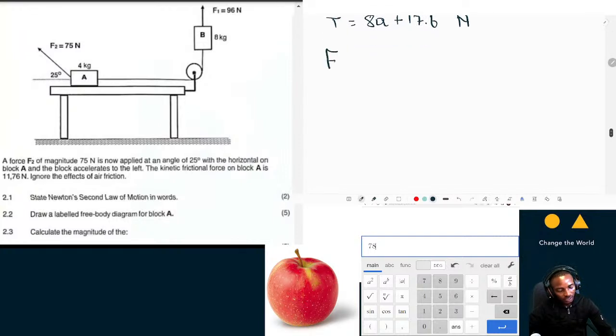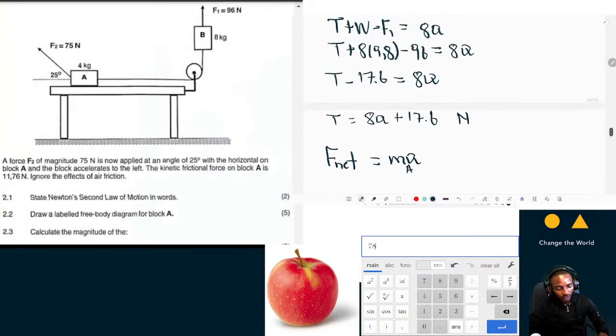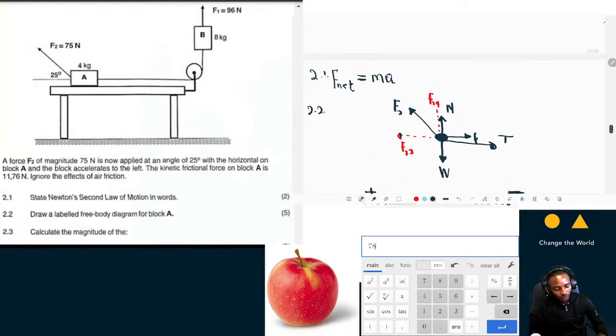Now applying Newton's second law again, F net is equal to ma. What are the forces acting on block A? Let's go back to the free body diagram for block A. The acceleration is in the x direction, so we're going to add all the forces in that direction.